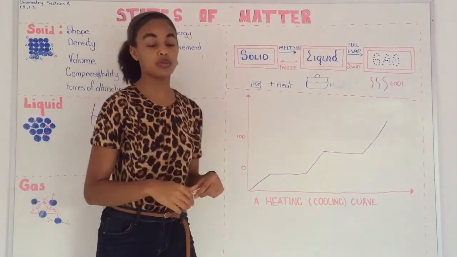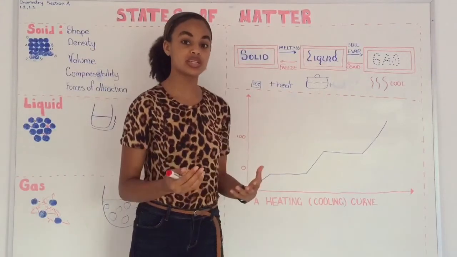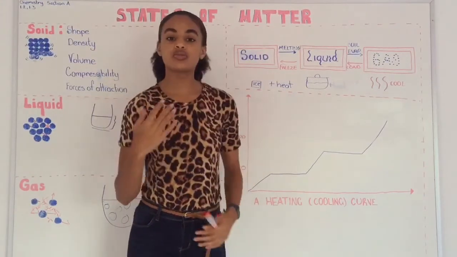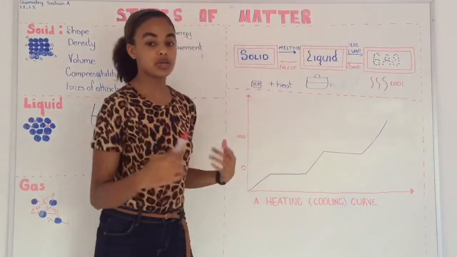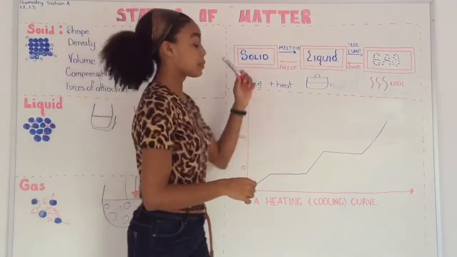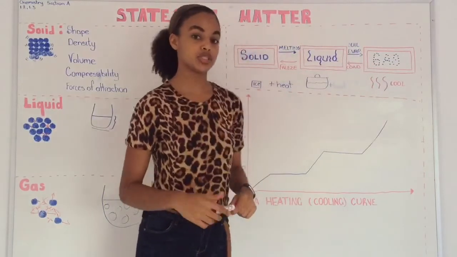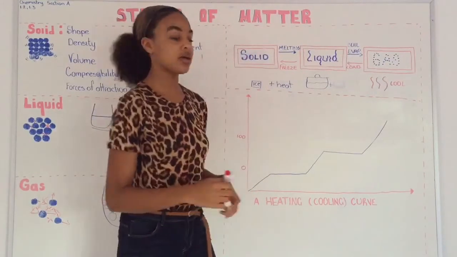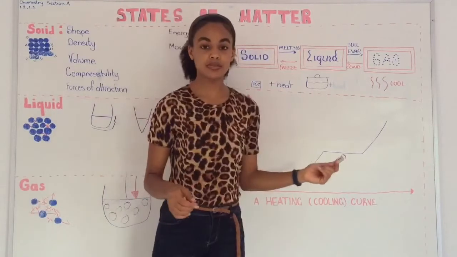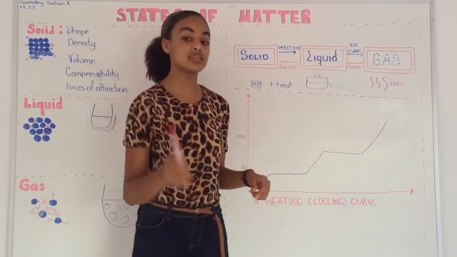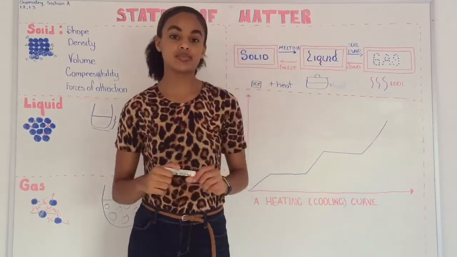For water, we know the boiling point of water is 100 degrees Celsius. For different substances, the boiling point is different. But for a particular substance, you can only have boiling at a particular temperature. So just to recap, evaporation takes place at any temperature, boiling takes place at a particular temperature for that particular substance.